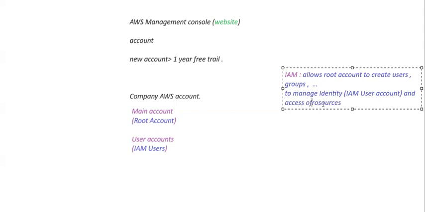So by using this IAM account, he can manage the identity and access of resources. How can this main user or root user manage the access of resources?